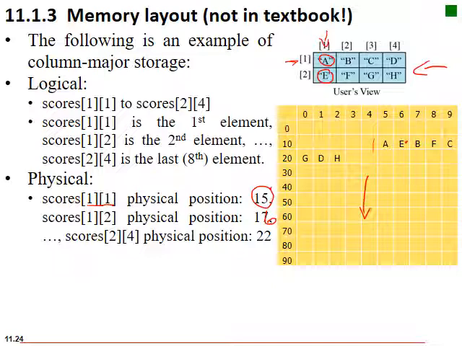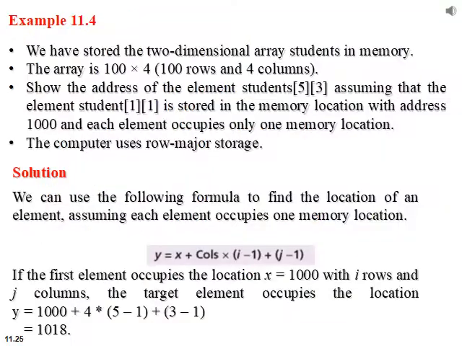So the B would be stored at physical position number 17, and so forth. Okay, so that's just to show you, but this method is not really going to be used. We're going to assume row major storing unless I tell you something else.